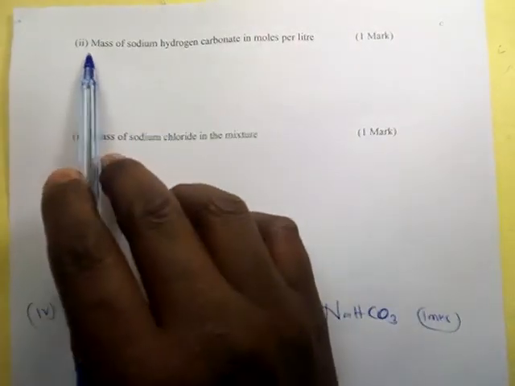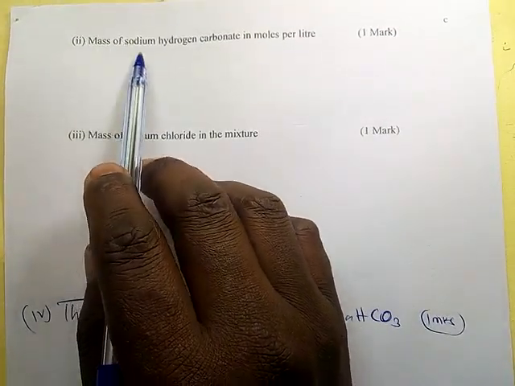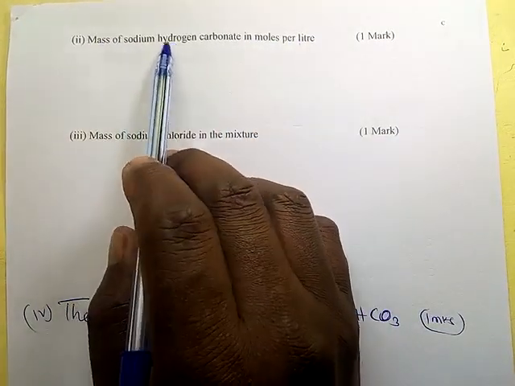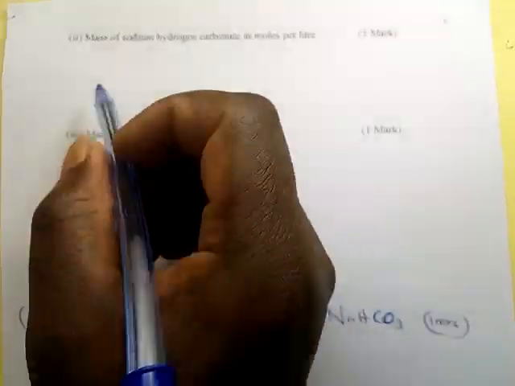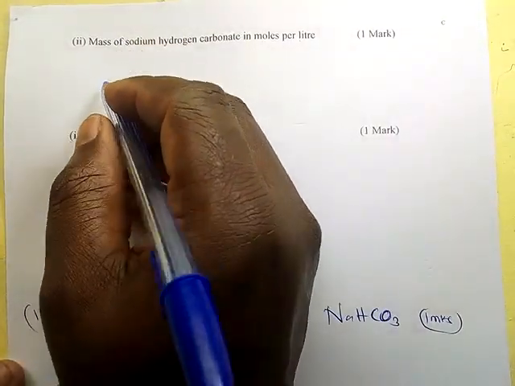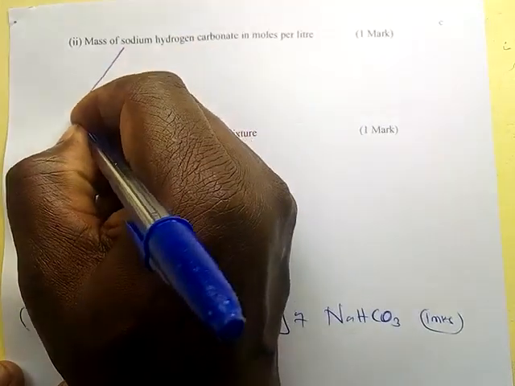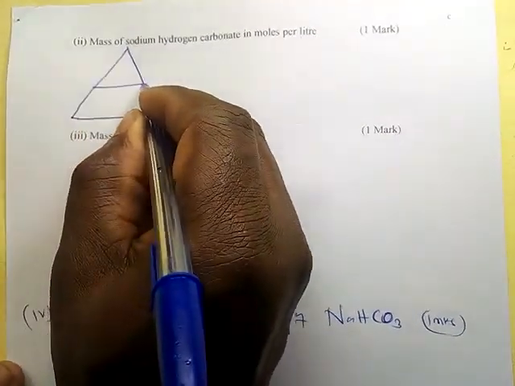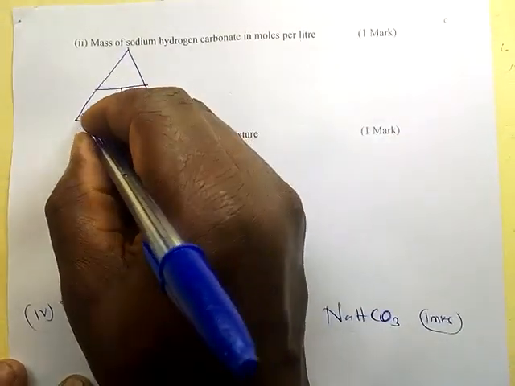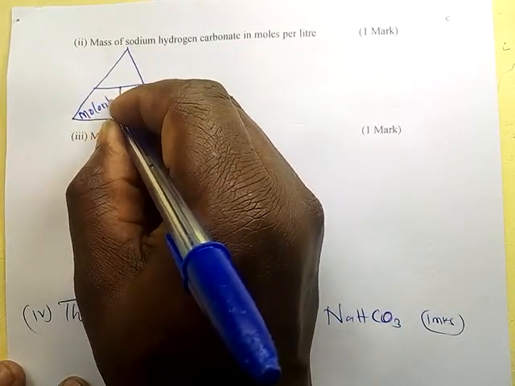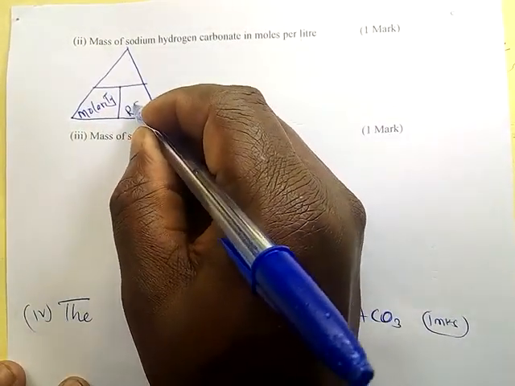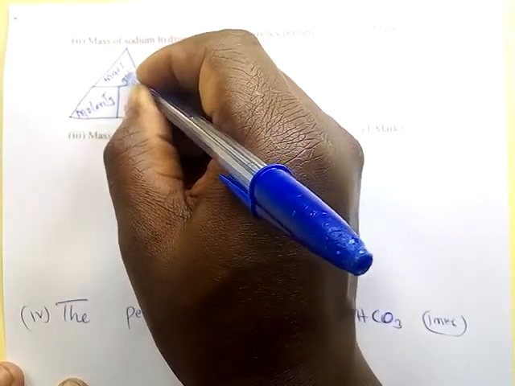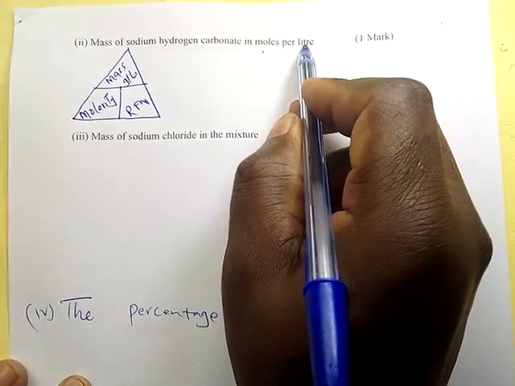So now the next question, Roman 2, is calculate the mass of sodium hydrogen carbonate in grams per liter. So here I'm going to give a very good triangle that you must always use, that says molarity, RFM, and mass in grams per liter.